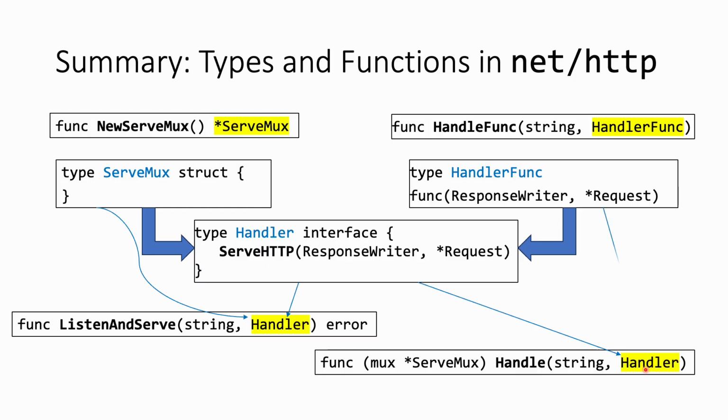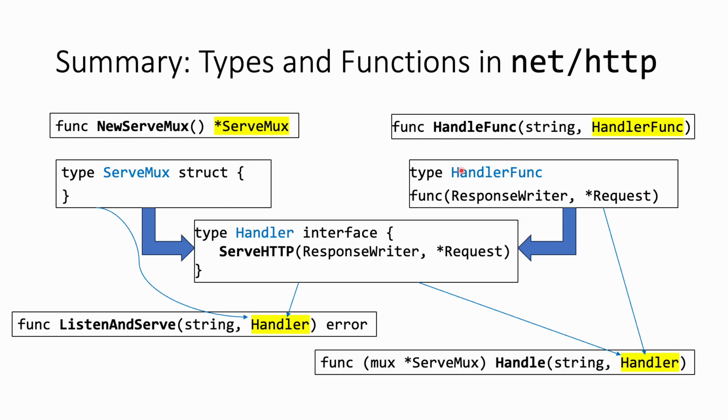So in our example, we will pass a function of type HandlerFunc as the second argument of method Handle, because HandlerFunc satisfies the Handler interface.